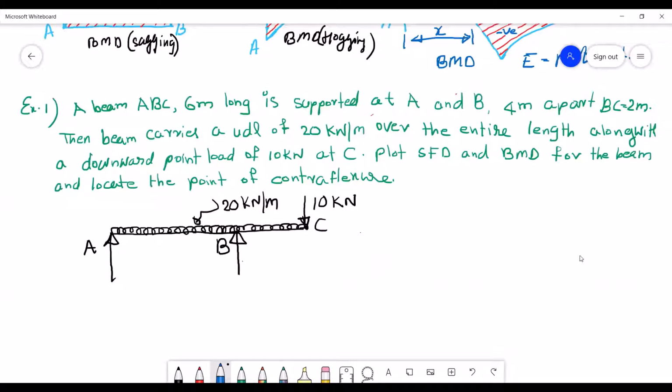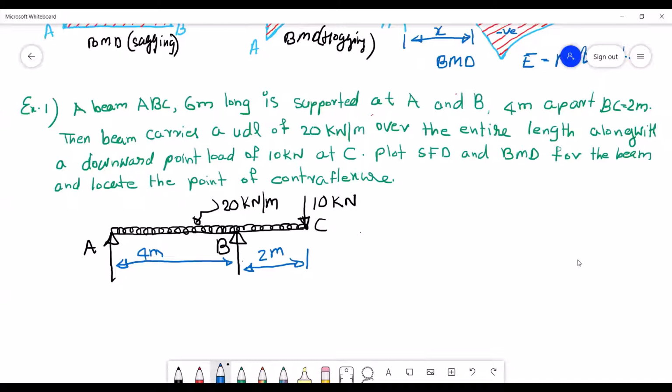The distance between A and B is 4 meters, and the distance of BC, from here to here, is 2 meters. So the total is 6 meters. For the total of 6 meters, a uniformly distributed load of 20 kilonewton per meter is given, and also a point load is given at point C.